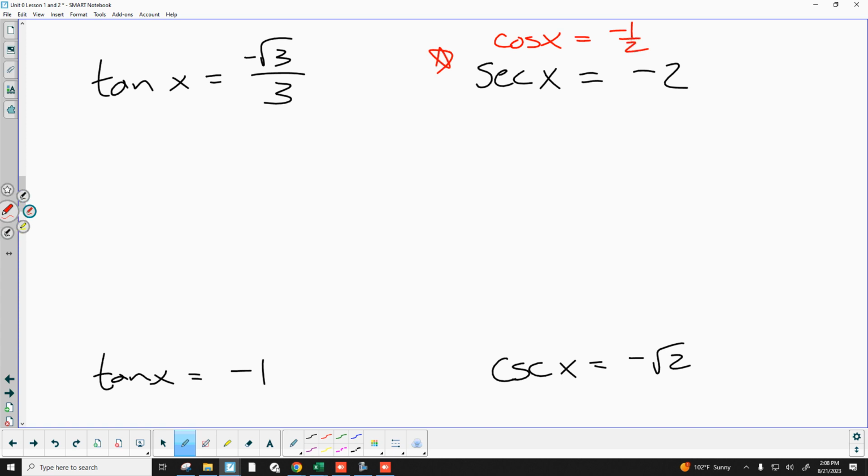Very nice. Start with your triangle. What triangle has the cosine of the angle equal to 1/2? This one, this one, or this one. Bingo. Now I know I'm dealing with these. And I just got to find the correct location of those.